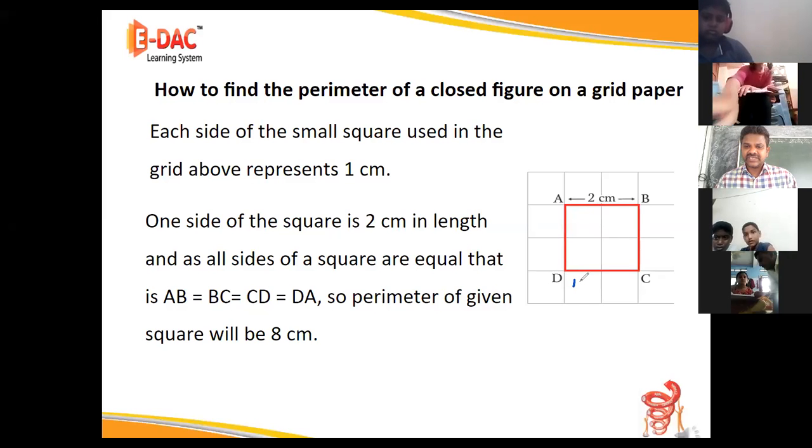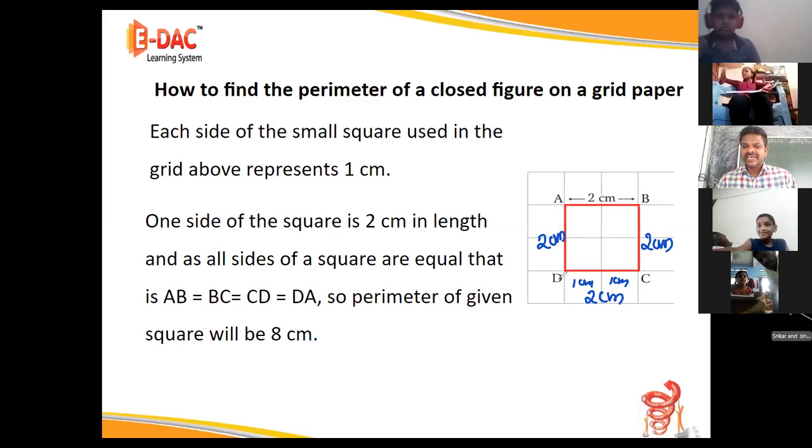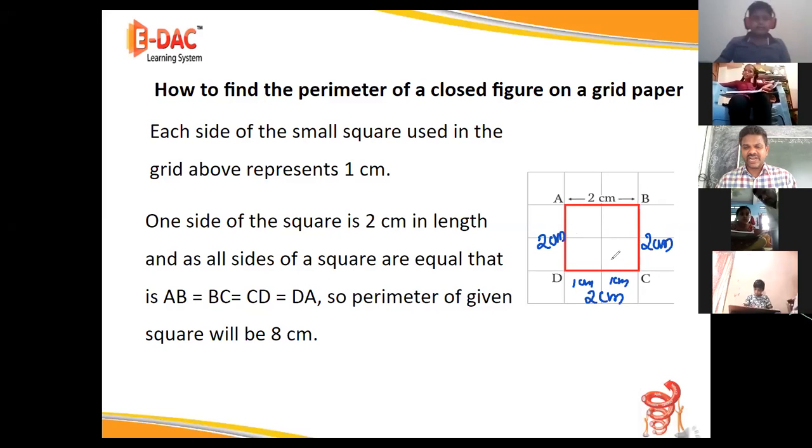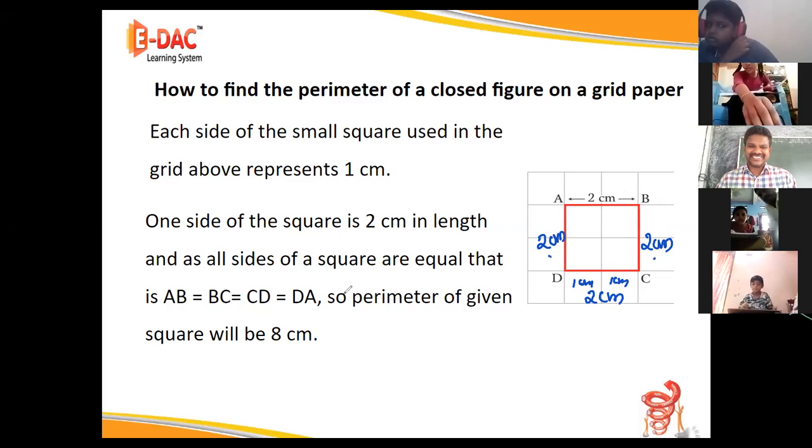So this is 1 centimeter and this is 1 centimeter, together DC is 2 centimeters. And CB, how many boxes are here? 2 boxes. Each box is 1 centimeter. AB is 2 centimeters, AD is 2 centimeters. I think you can easily say now the perimeter of the given figure. 1, 2, 3, 4, 5, 6, 7, 8 centimeters.